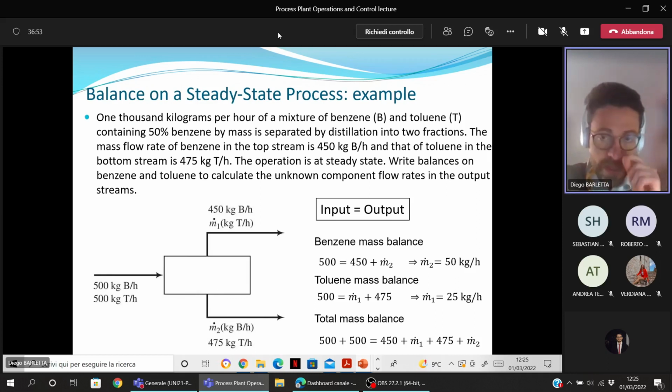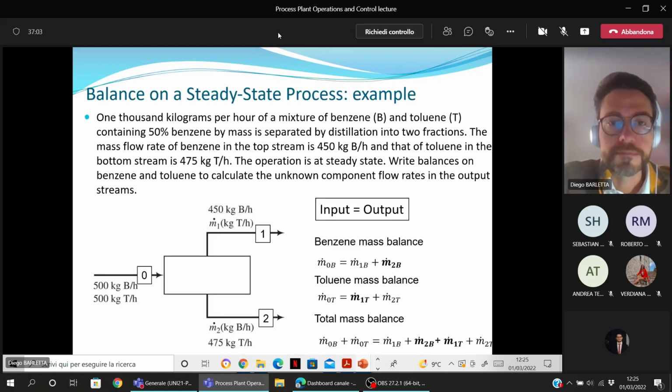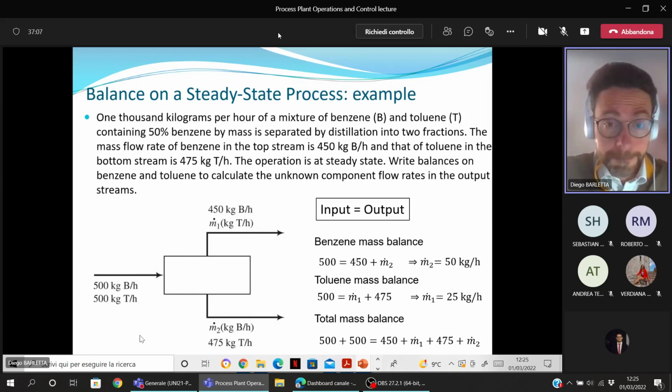Okay, here we have everything already done. On the left, we have the sketch of the process unit, which is just a separation unit.